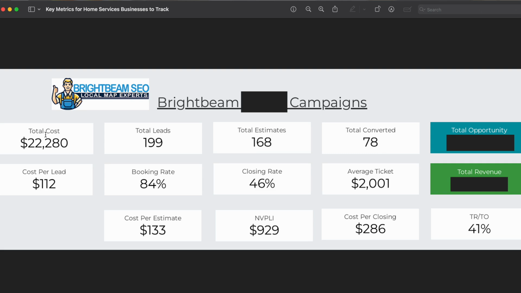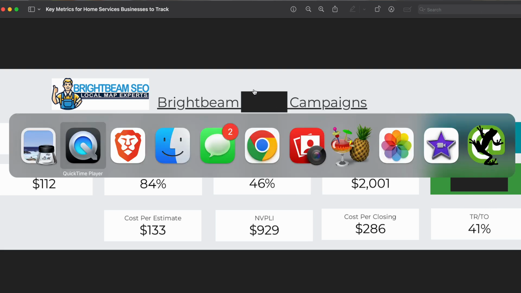We have the total cost, total leads, estimates, converted sales, opportunity, cost per lead, booking rate, closing rate, average ticket, cost per acquisition or cost per closing, and then a few secondary metrics: cost per estimate, sales per estimate, NVPLI, and total revenue to total opportunity. So let's go through these.